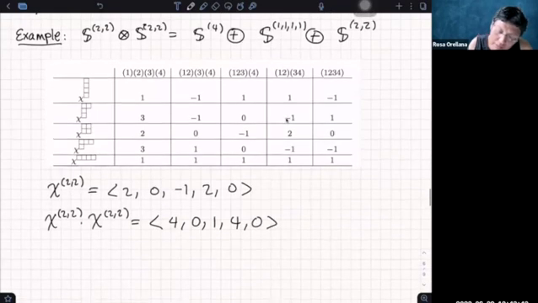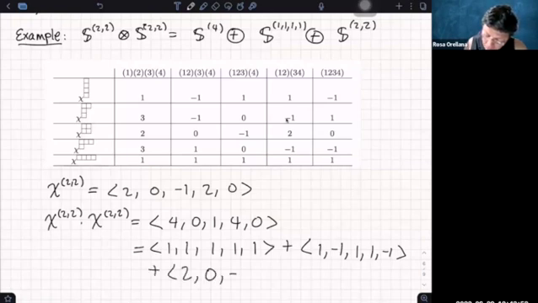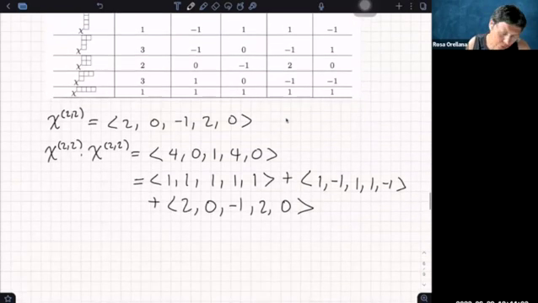And what this is saying is that this should be equal to 1, 1, 1, 1, 1, plus the character of the sign representation, plus the character of this representation. And if you do the sum, it works out.